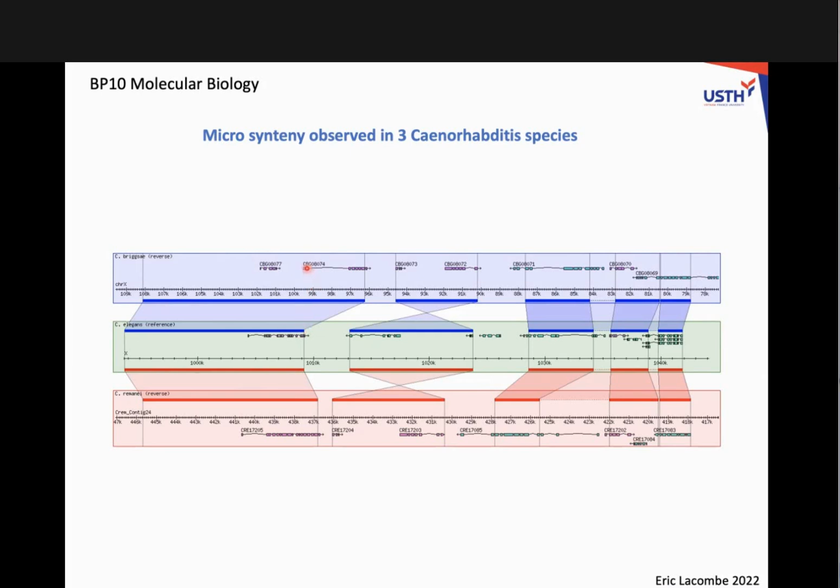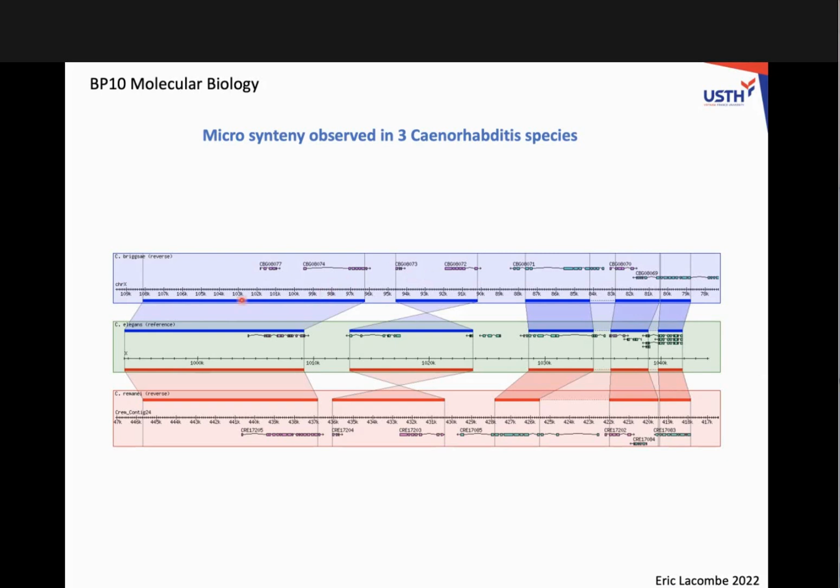We find this open reading frame, this gene, exactly the same as this one here. So this part of the sequence in this species is exactly the same and has the same position in the other species, but this gene has been deleted because you don't find it back. But the global order is the same.